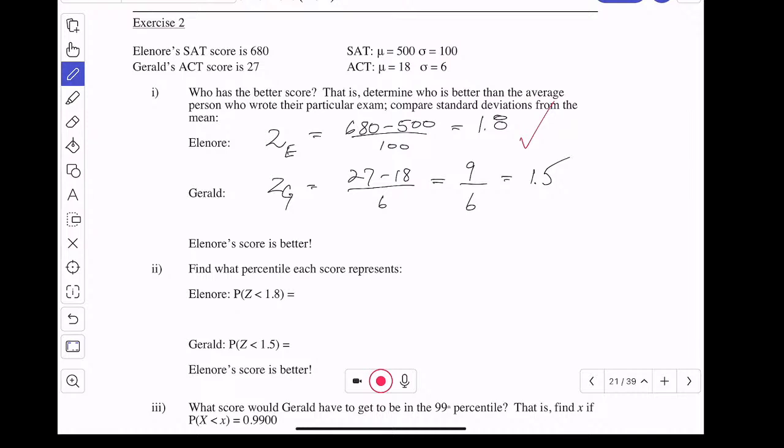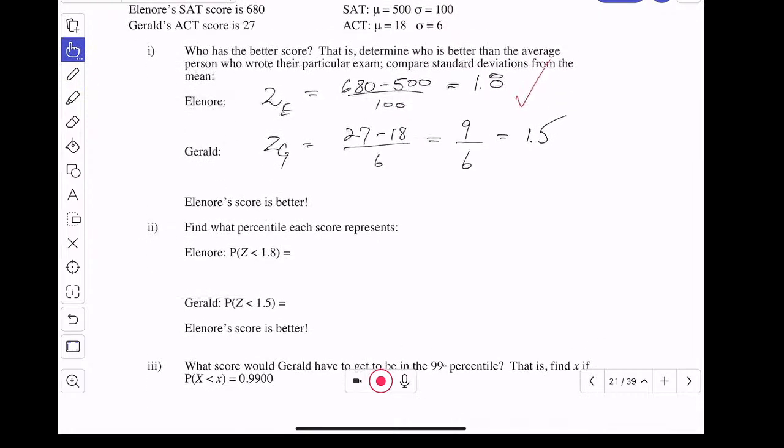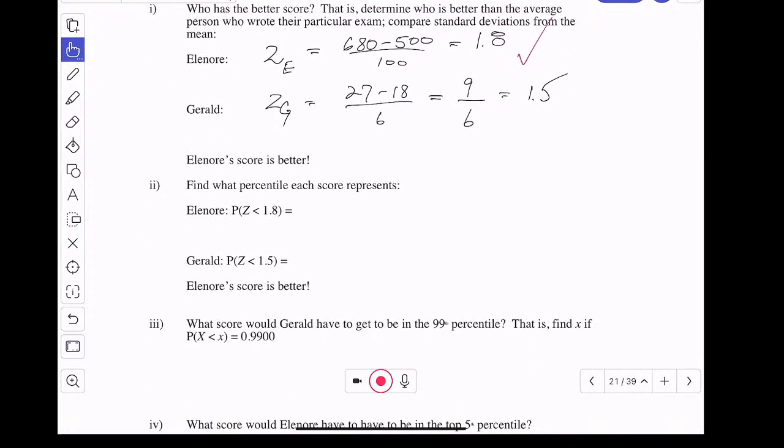So I asked you a similar question, but I want the answer in terms of percentiles. How did they do relative to their group in terms of percentile? So you already know the answer in terms of who did better, but I just want the percentile score because that often gets reported.